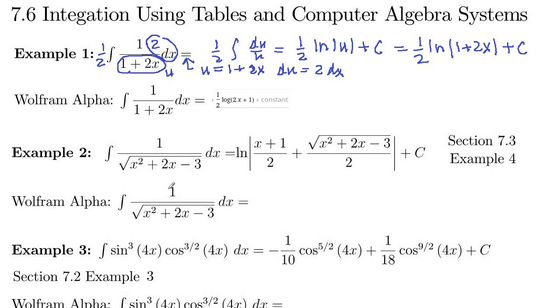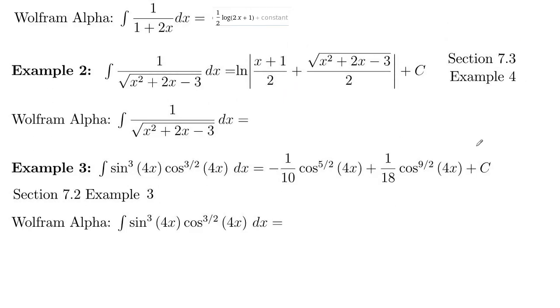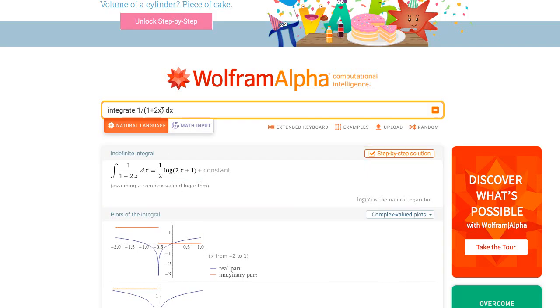How about this next example? Integral 1 over root x squared plus 2x minus 3. This was actually example 4 in section 7.3, and this is the answer that we got doing it by hand. Let's go ahead and put that into Wolfram Alpha and see what it gives us. So go back to Alpha here.